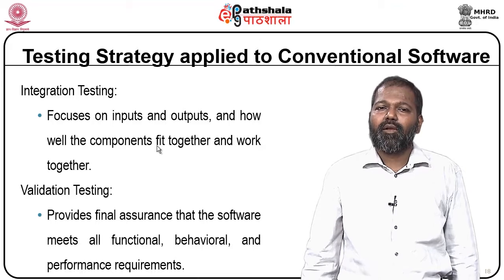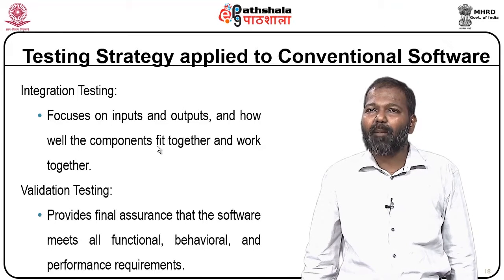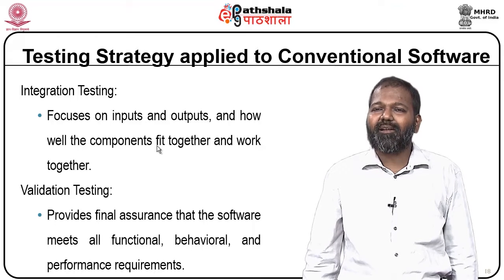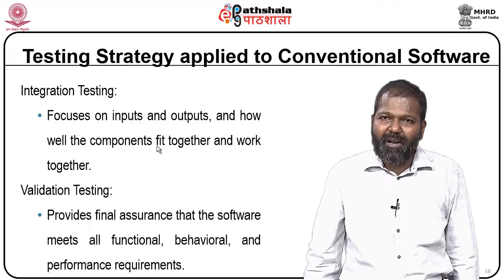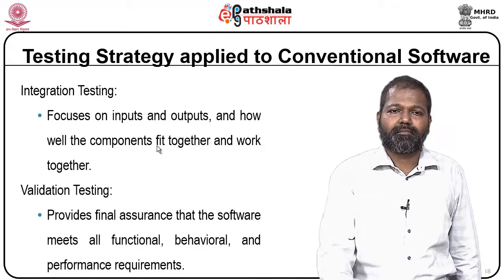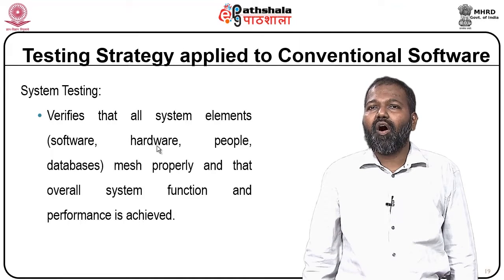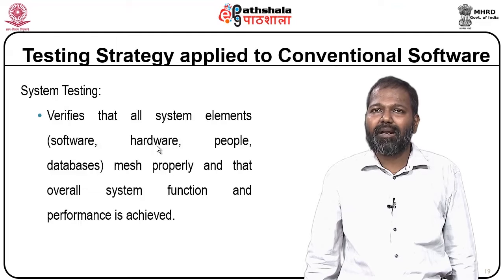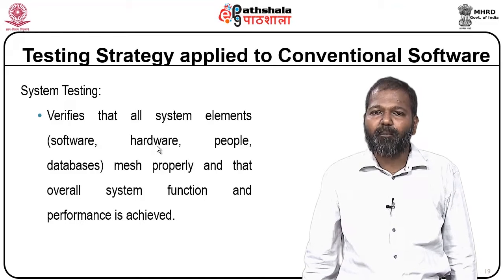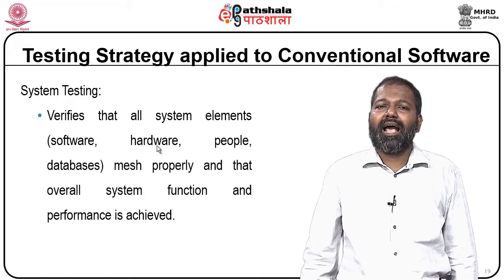Validation testing provides final assurance that the software meets all functional, behavioral and performance requirements. System testing verifies that all the system elements, software, hardware, people, databases, mesh properly and that overall system function and performance is achieved.